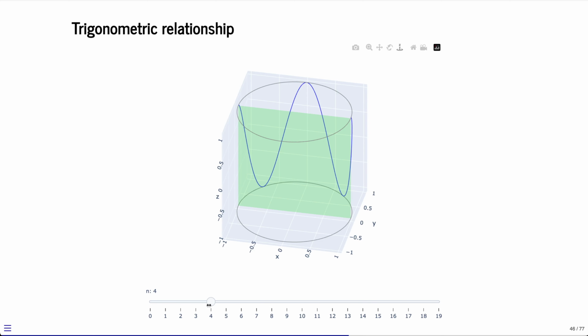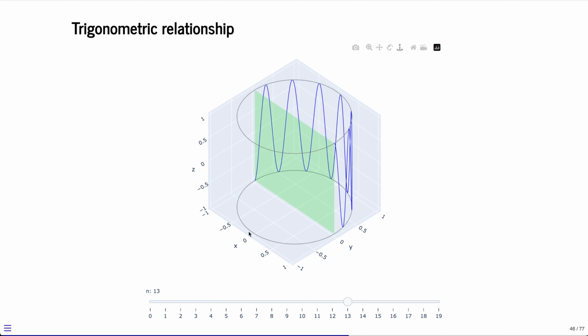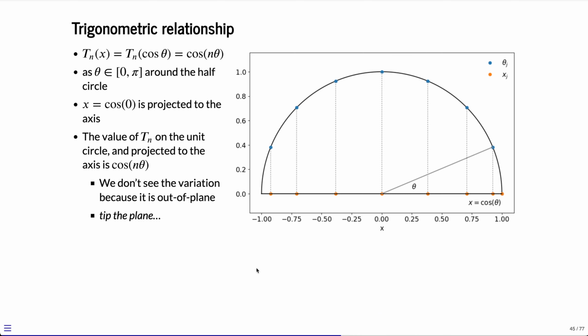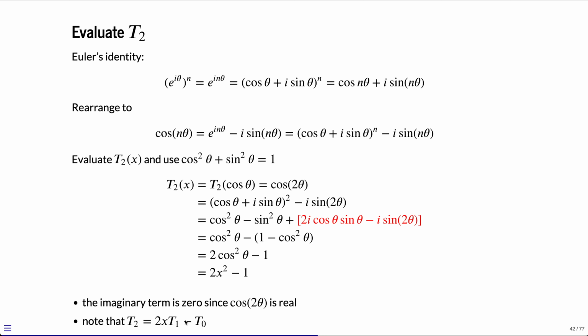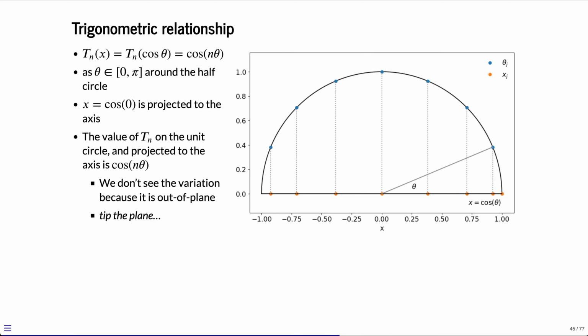You can play with the slider to try to understand really clearly what this geometry looks like, and also how these relate to the mathematics that are given here. I'm not giving really formal proofs, for example. I haven't given a proof of this recurrence relation, just showing that it's there, and also some of these relationships that you can derive, to get a little better feeling for what these polynomials are.